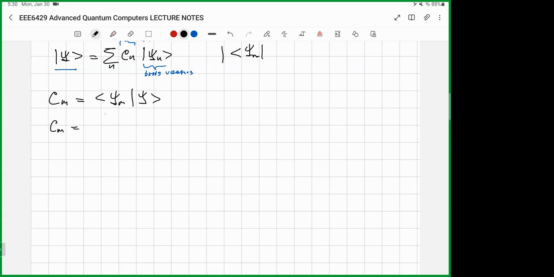So if psi m and psi are functions, then the inner product of these two functions will be psi m complex conjugated, because psi m is bra in this expression, and then psi, well, let's write psi m star of x, psi of x dx.